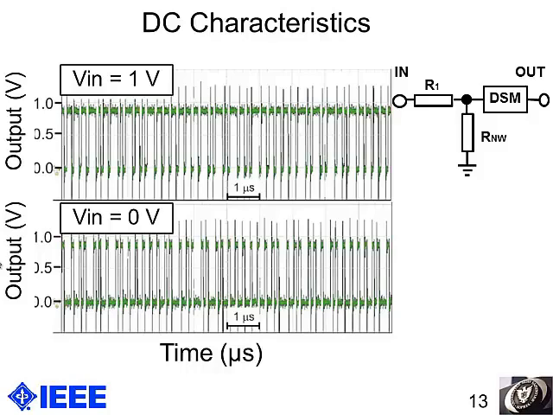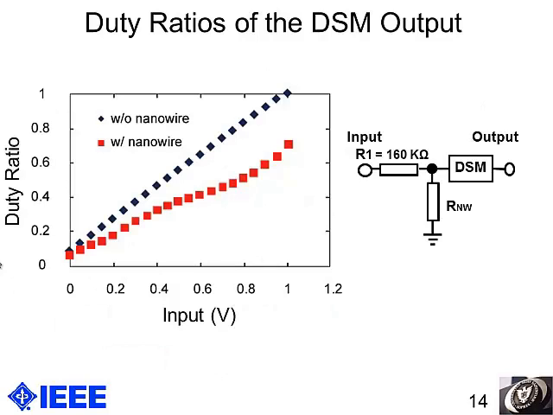In this manner, the analog input was converted into density-modulated digital pulses. In other words, the duty ratio is higher for high input voltage. This slide shows the duty ratios of the delta sigma modulator output as a function of input voltage.